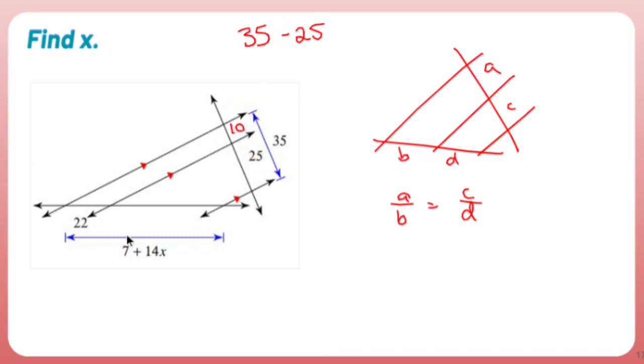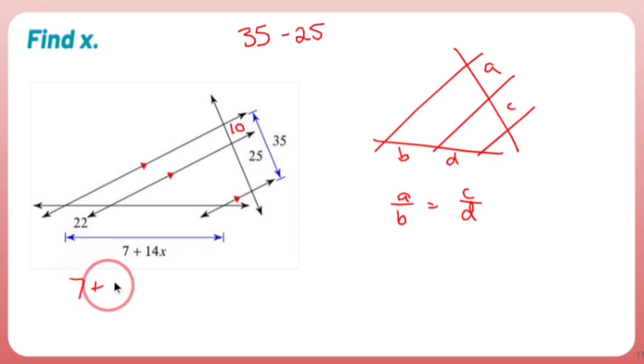Okay? Here, I have 22, but I don't have this part right here, but I do have the whole thing. Now, if what I did to find this chunk over here was do the whole thing minus 25, then why don't I do the whole thing minus 22?